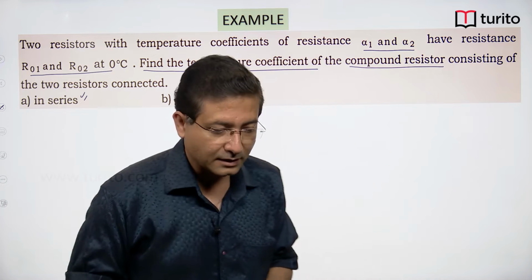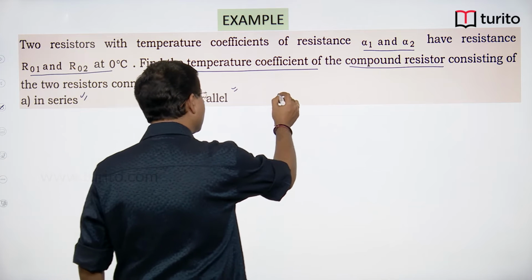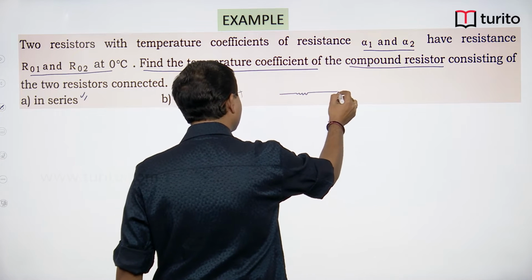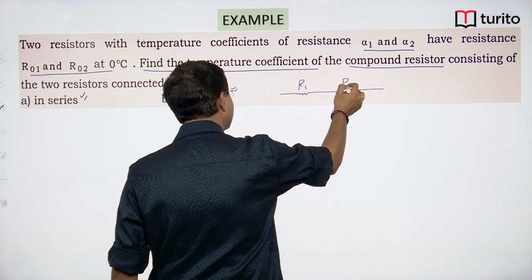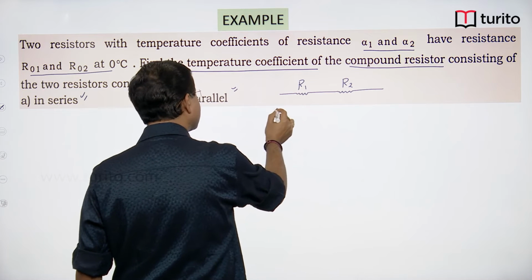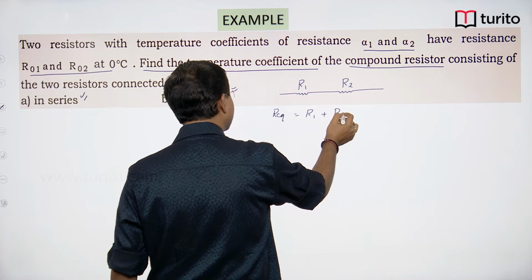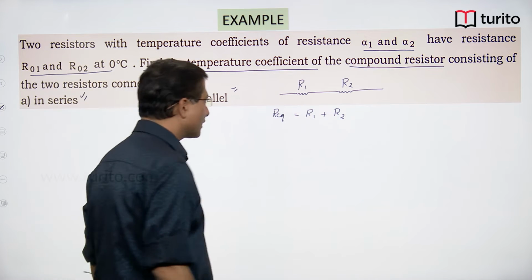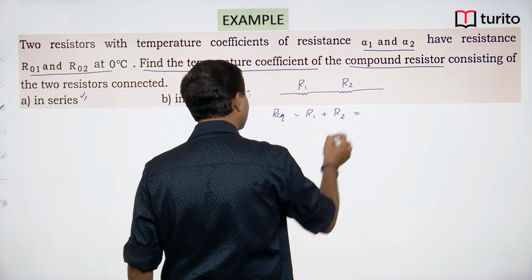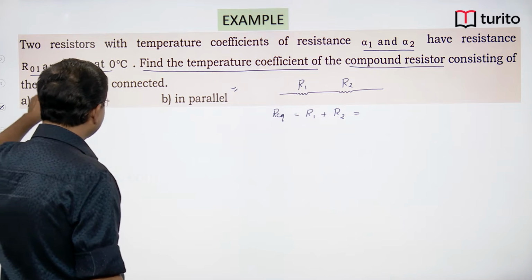When two resistors are connected in series, we know the equivalent resistance: R equivalent is equal to R1 plus R2. We can substitute the value of R1 as a function of temperature using R01.